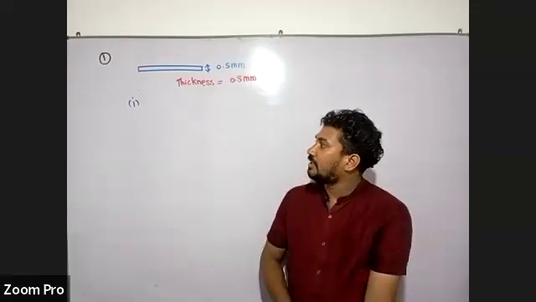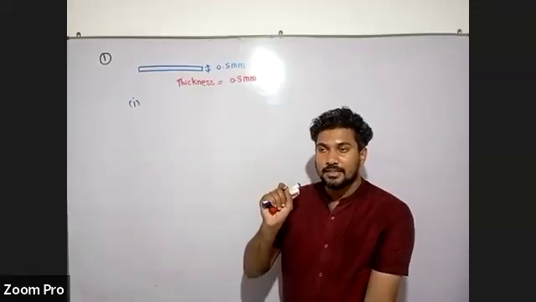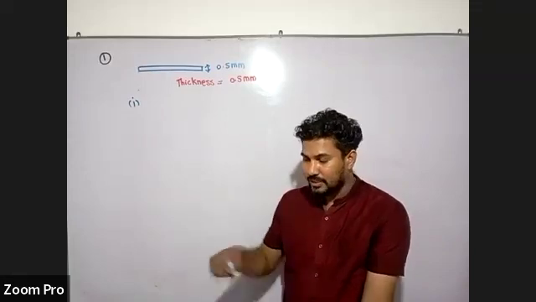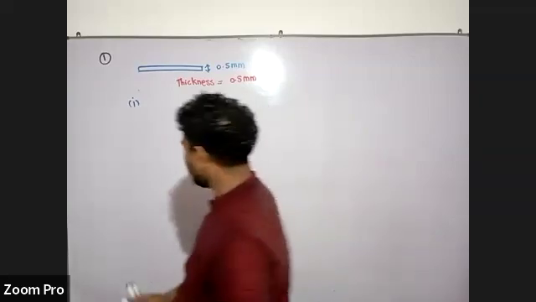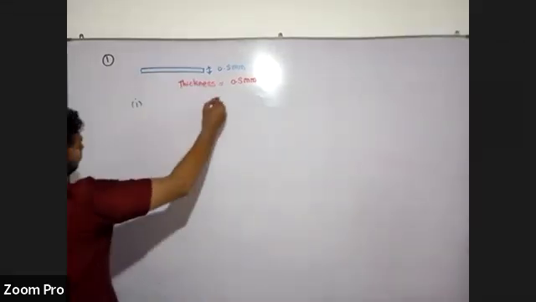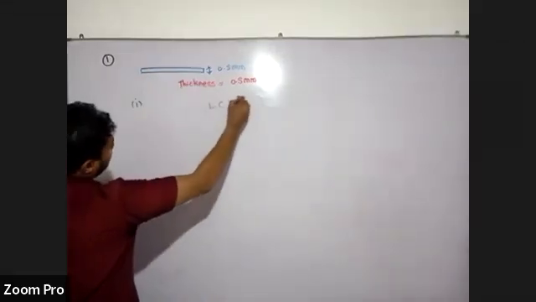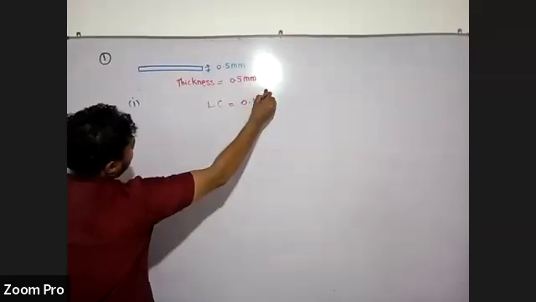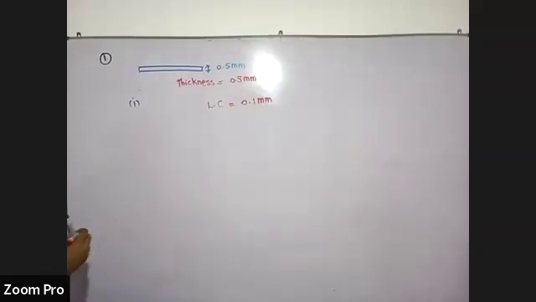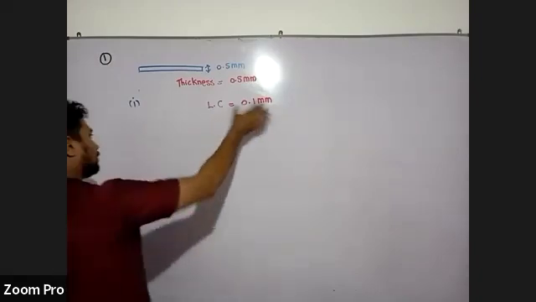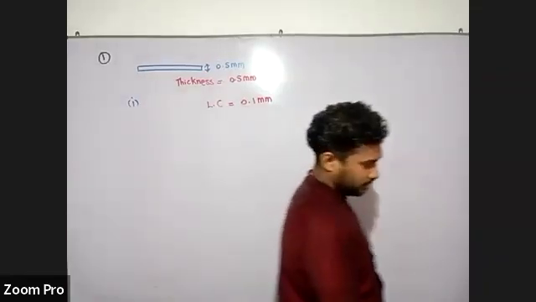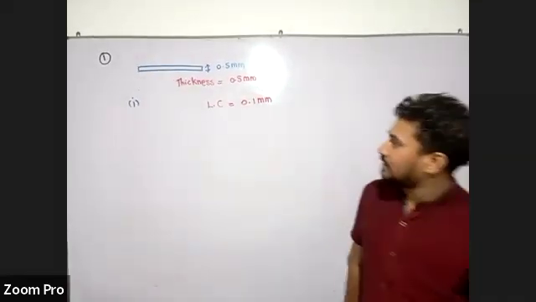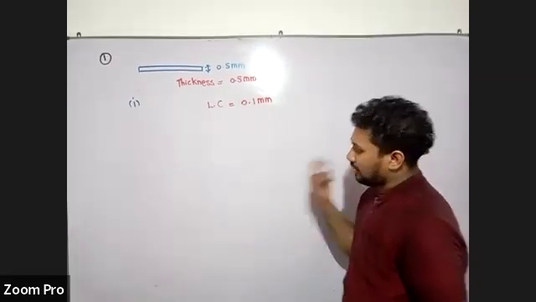Within brackets, just put, assume that the least count of the vernier caliper is 0.1 millimeter. Least count is equal to 0.1 millimeter. That is the first question, guys.